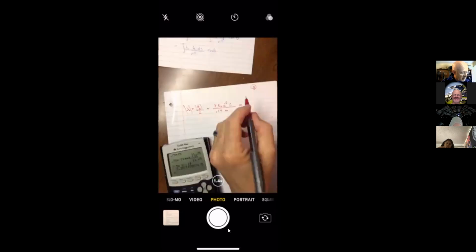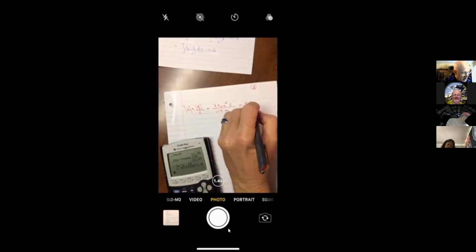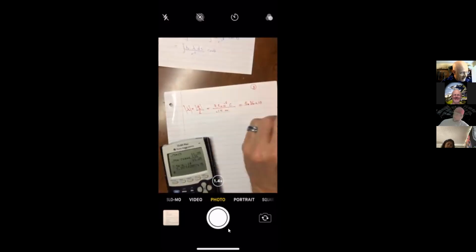And so this is 5.36 times 10 to the negative 5 coulombs per meter. So there's my charge density.